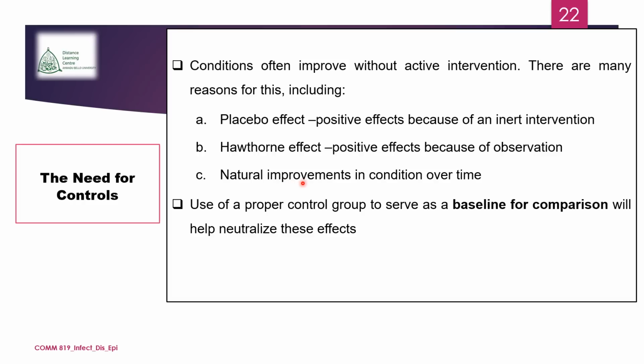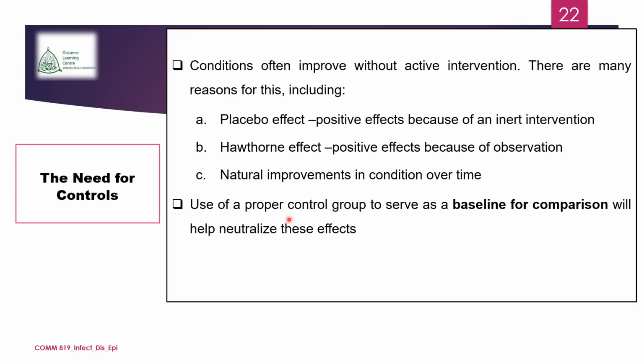Without any intervention, the person will bounce back to normal. So sometimes you won't be able to tell whether it is the intervention that made the person heal or just natural occurrence. So that's why you need to have a control to always compare your result.